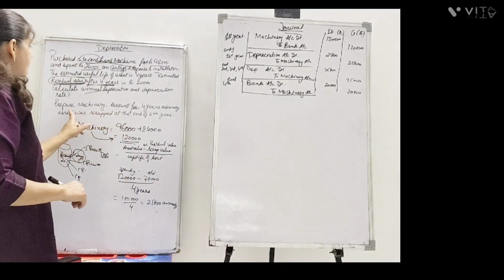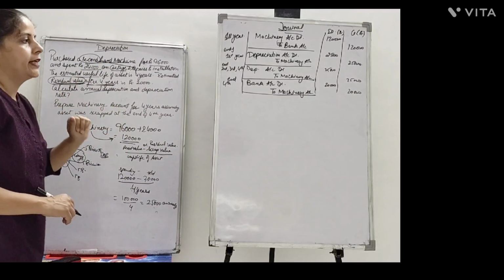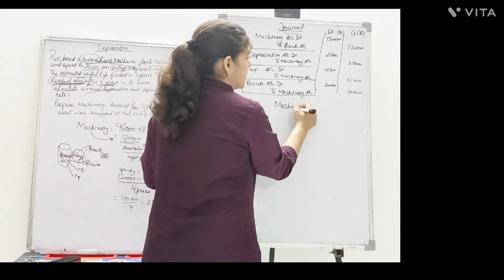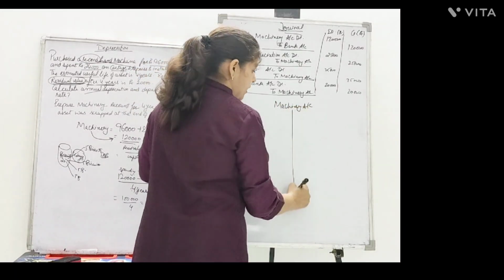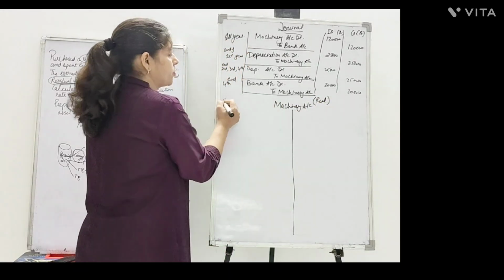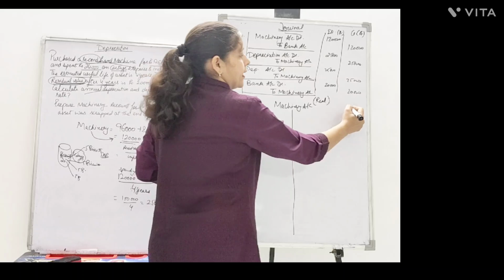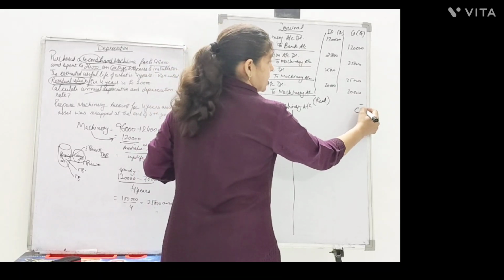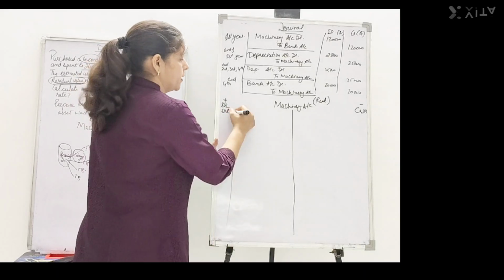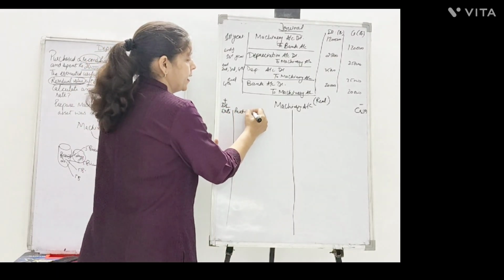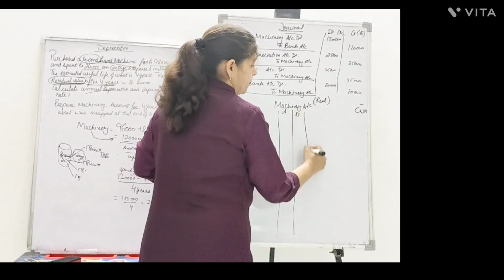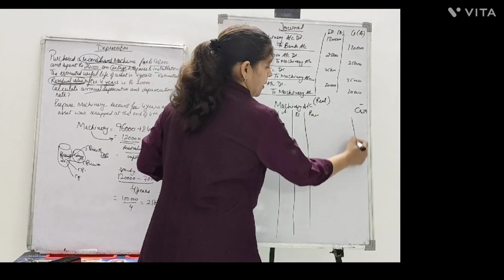But we are asked to prepare here the machinery account. The machinery account is a real account. Its debit side is for plus, its credit side is for less, and here we divide into the columns date, particulars and amount, and in the same way date, particulars and amount, right?